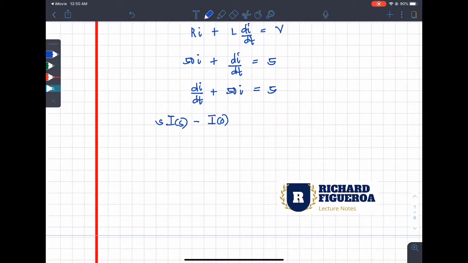That would be for di over dt. So that is s I of s minus I of 0. And then we'll have plus 50 I of s, for just i. And that would be equal to the Laplace transform of 5, which is 5 over s.